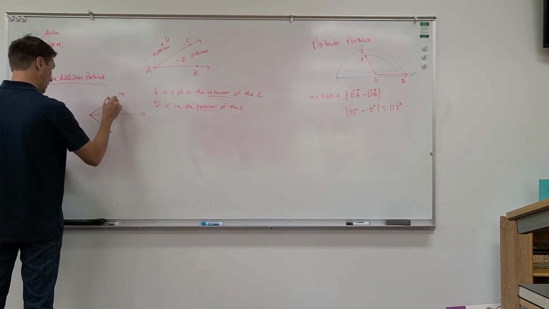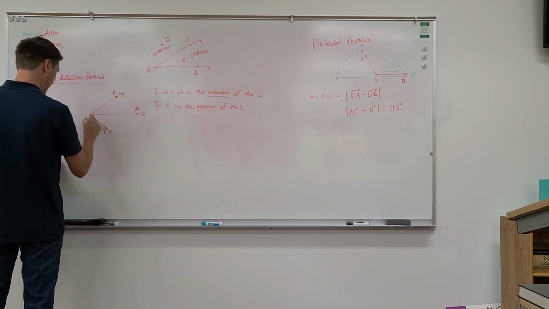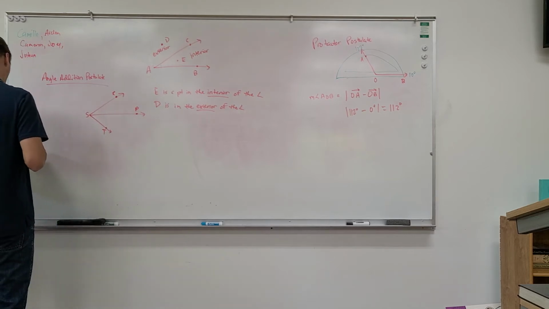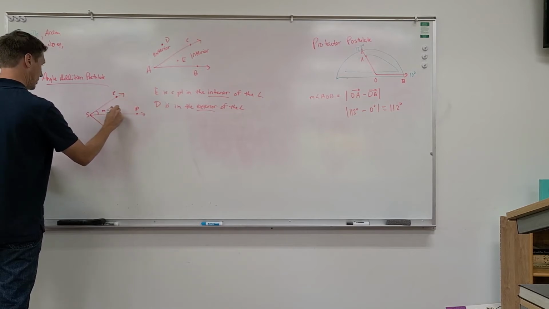That's fine. I'm talking to myself, just ignore me. I'll figure out in a minute what I want to say. Points R, P, S, T. Measure of angle RSP right here. And then right here, we have the measure of angle PST.